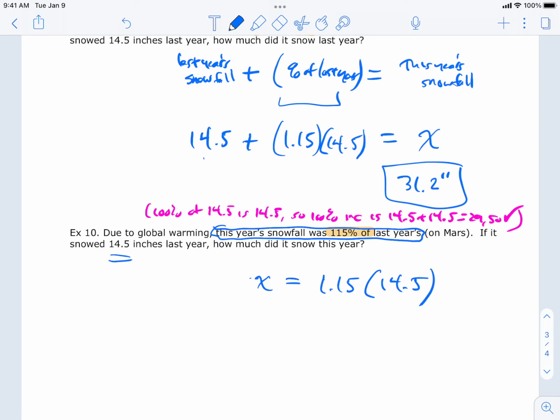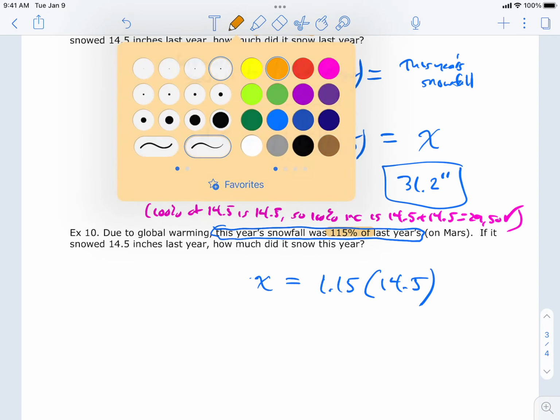You've got to read so carefully. 115% of last year's means 1.15 times last year's, and that is this year's. It is the answer. There's none of this adding, that doesn't work for this problem because that's not the way they phrased it. So just be careful out there. Let's solve this thing now.